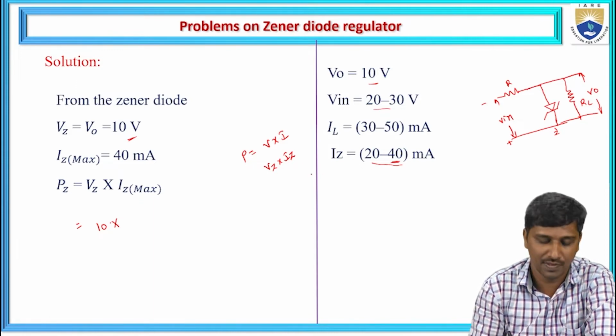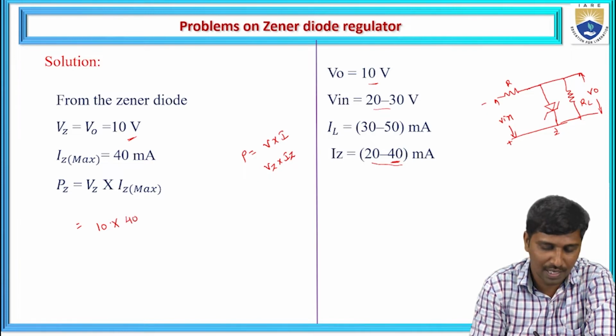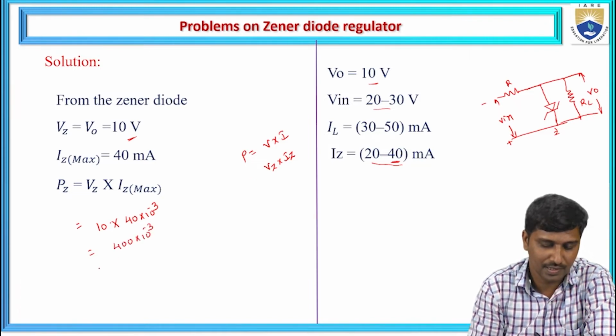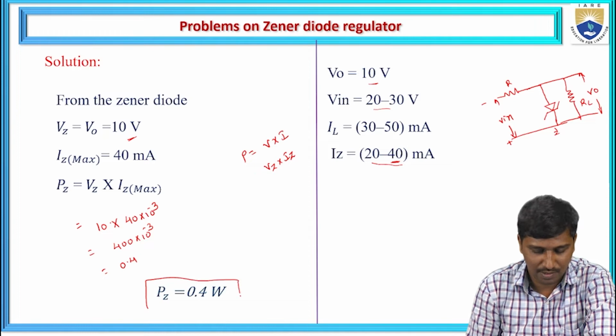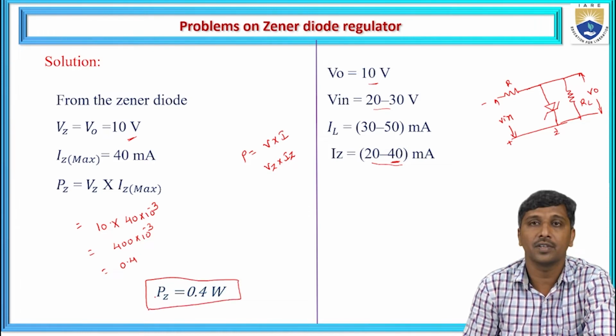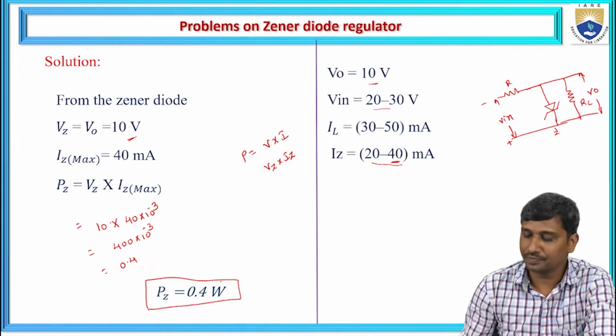The Zener current maximum is 40 milliamperes, hence 40 into 10 to the power of minus 3 times 10 gives 400 into 10 to the power of minus 3, which is 0.4 watts. So the power across the Zener diode is 0.4 watts.